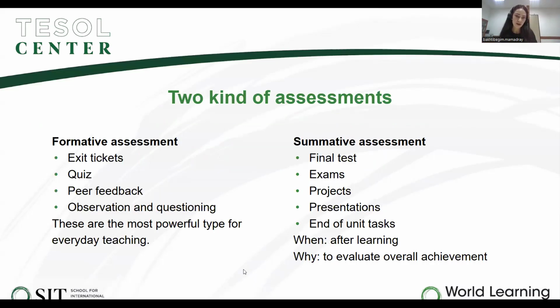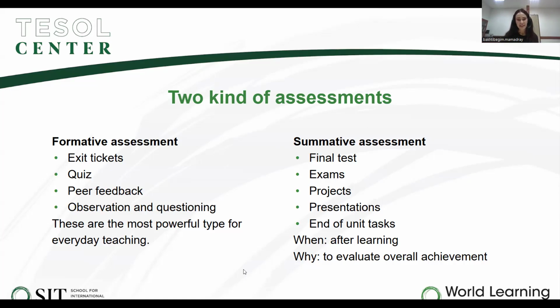Yes, as Zinatmo mentioned, there are two kinds of assessment, formative assessment and summative assessment. Formative assessment includes exit tickets, quizzes, peer feedback, observation, and questioning.